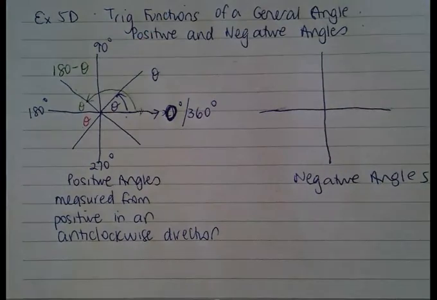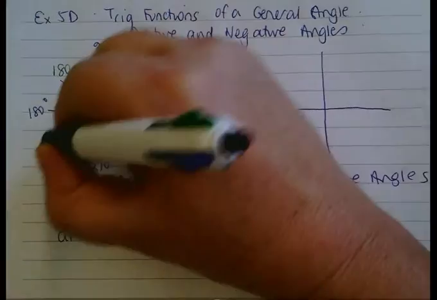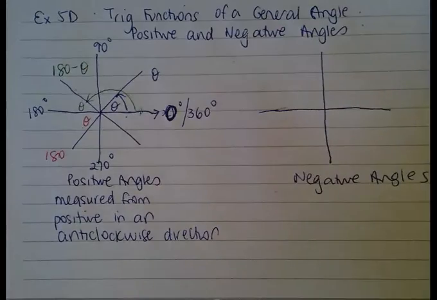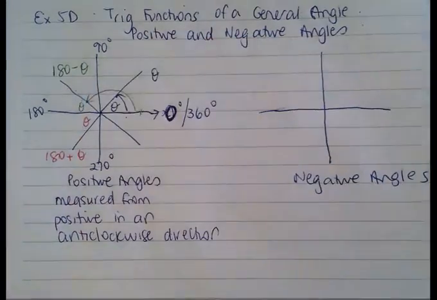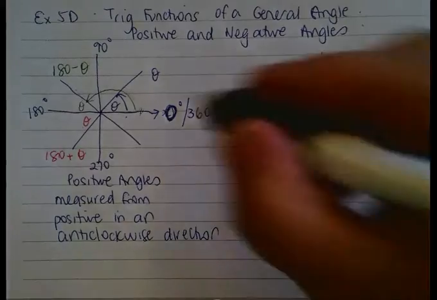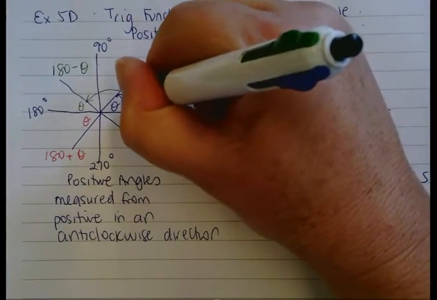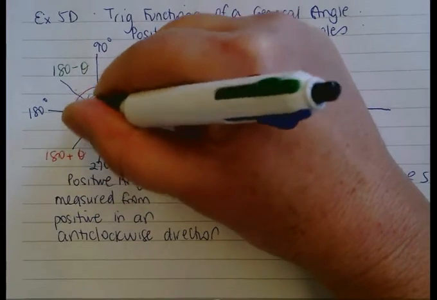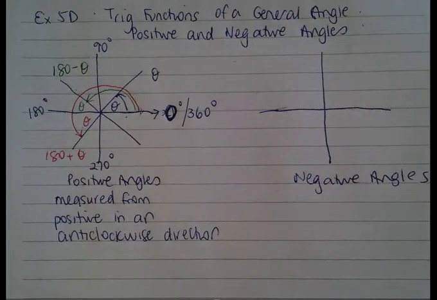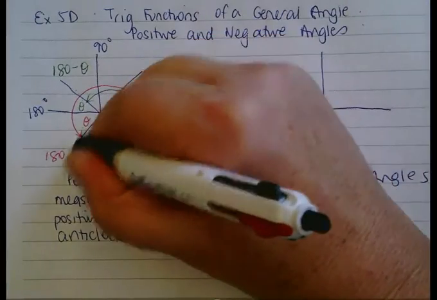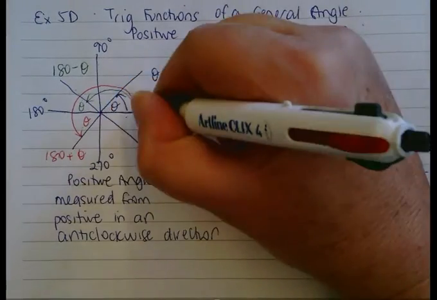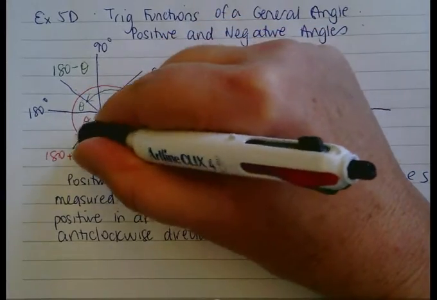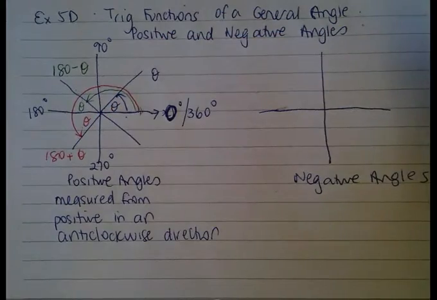All right, now watching the next one, why is this 180 what? Plus theta. The reason is you're traveling in the positive direction all the way. Watch. 90, 180 plus that little bit theta. You know how I was talking about the butterfly, the theta touching the x-axis? So that red arc is 90, 180 plus theta, because I'm still traveling in the positive direction.